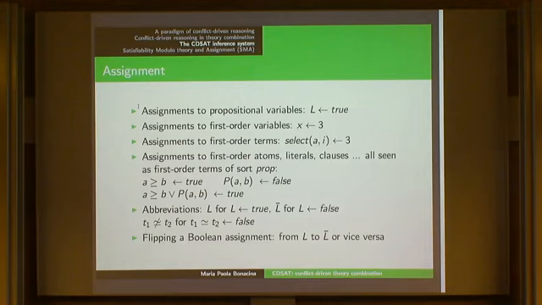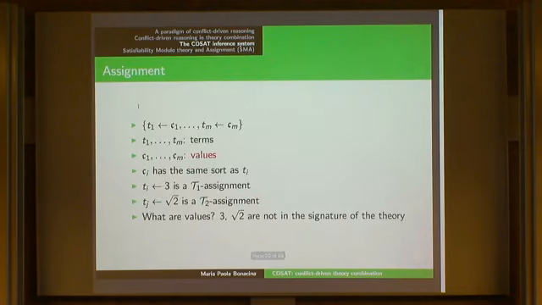So we can also have an assignment to a select term, for example. And then we have assignments of truth values to atoms, literals, clauses, anything, because the formulae are seen as terms of sort prop. Of course, we can use the usual abbreviations, and flipping a Boolean assignment means going from L to its negation or vice versa.